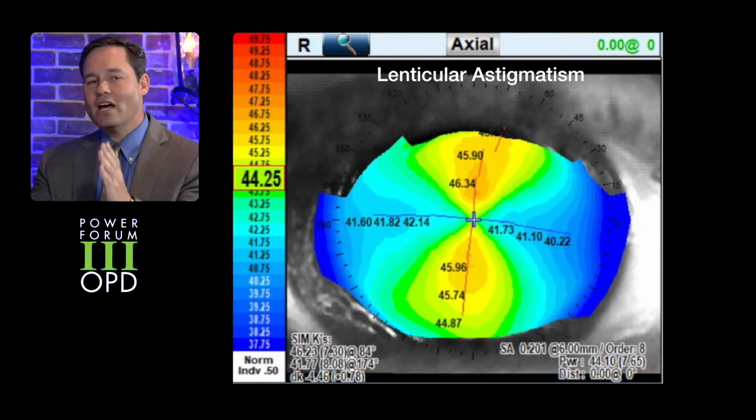Okay, it's aligned right, the surgery was correct, so if there's anything that's left over, maybe I underpowered the system, or if I see it a little bit cockeyed, then I know that maybe I need to rotate the lens. But having that ability to see the lenticular astigmatism of the system really makes my life a lot easier because I'm not having to dilate the patients to do it.